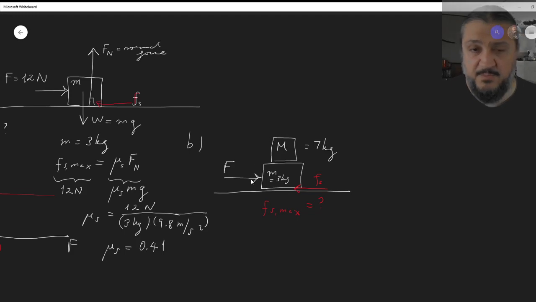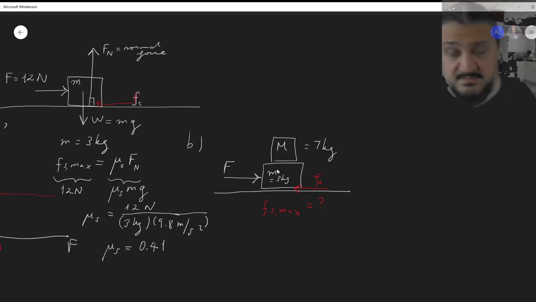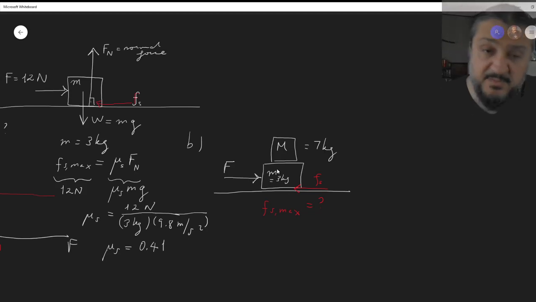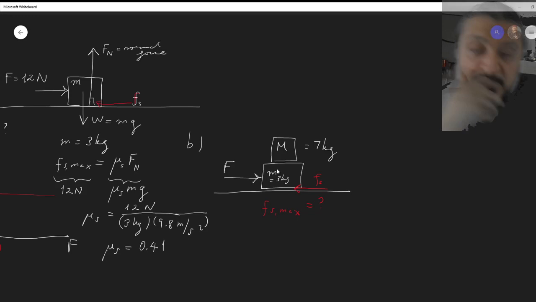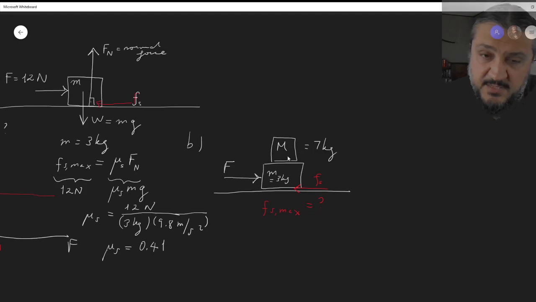Now you can think both M and little m as one object with 10 kilogram mass, right? So that will be giving you the new normal force. But let's also include here what other forces we have. Now the big M pushes little m downward. That's something to consider if you do a deep analysis.